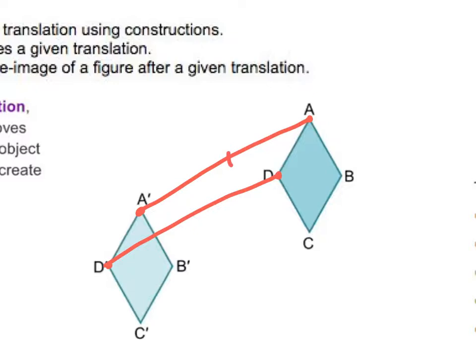These are going to be congruent. Same thing from C to C prime, and B prime to B will also be congruent, and all of these lines are going to be parallel. So I've simply taken all of these points and moved them in the same direction and the same distance to get my new piece, and that's what we're doing.